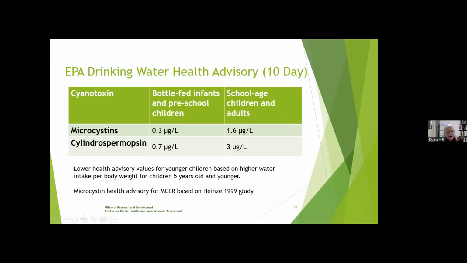The drinking water health advisory is the maximum amount of exposure for a 10-day period, and EPA felt it was important to distinguish between adults and children 5 and younger because they have a higher water intake based on their body weight. So just by that virtue, it can make them more sensitive.